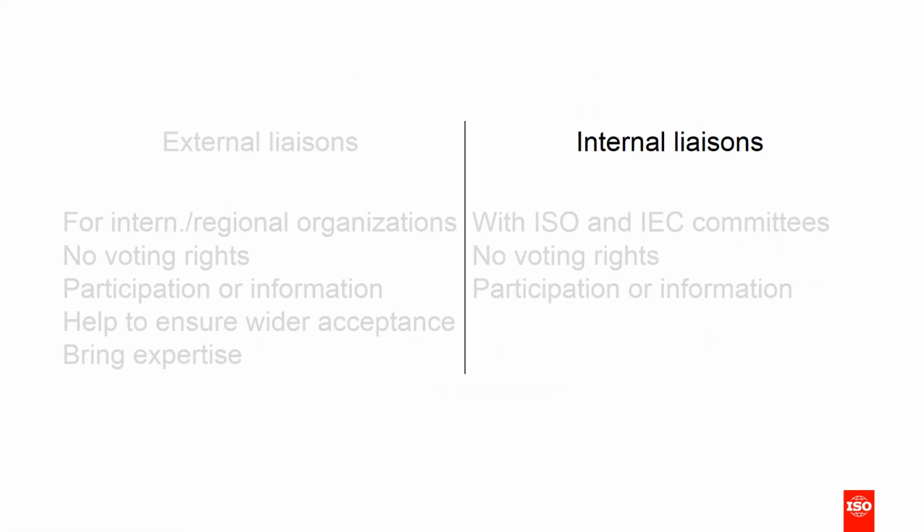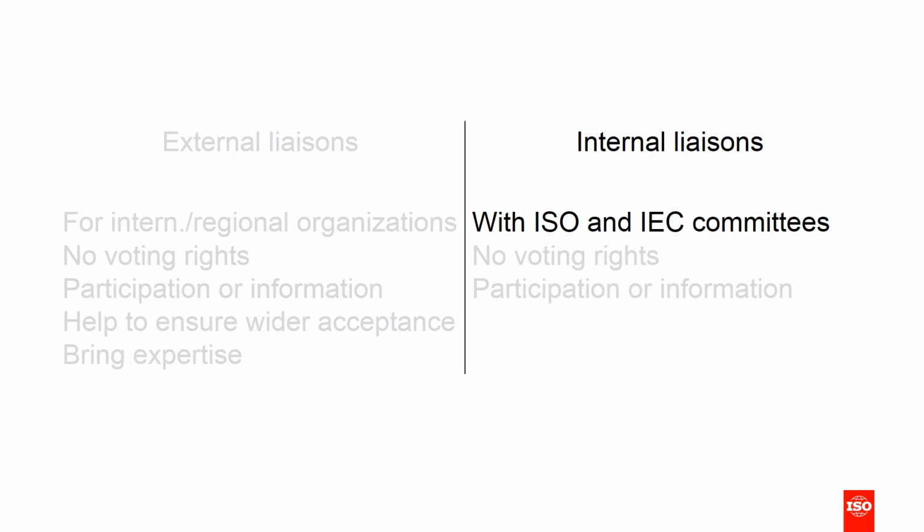And last but not least, we have these internal liaisons. Internal liaisons are established between ISO technical committees or between ISO and IEC technical committees. And this is just to ensure that there's good collaboration and good coordination between the technical committees when projects start slightly overlapping on each other's scope.